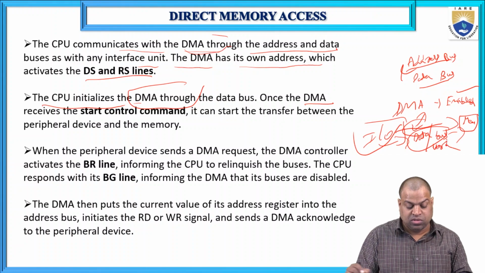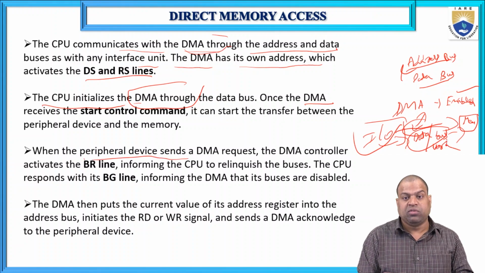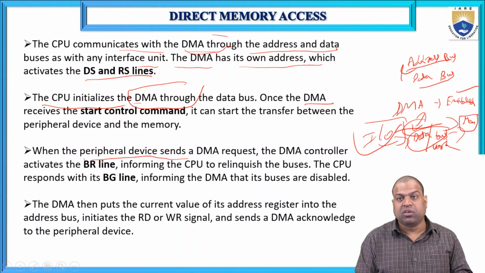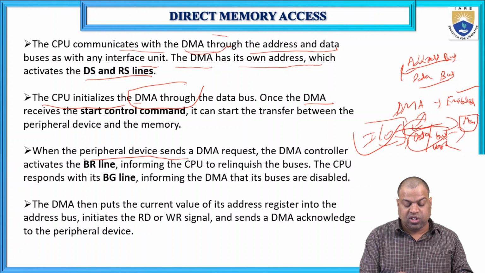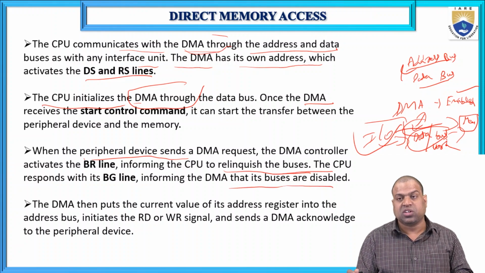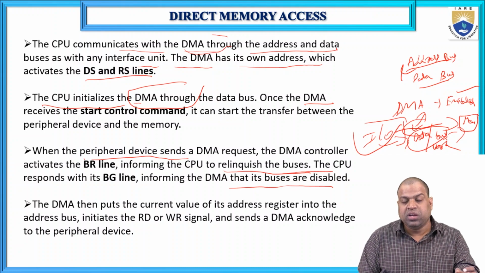When the peripheral device sends a DMA request, the DMA controller activates the BR line, informing the CPU to release the buses. The CPU responds with its BG line, informing the DMA that the buses are disabled. When the DMA is activated, all the buses are disabled.